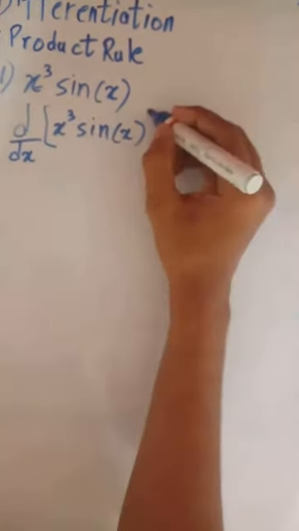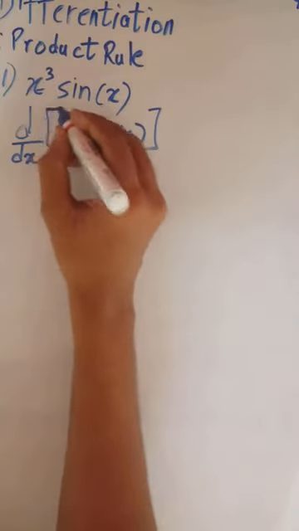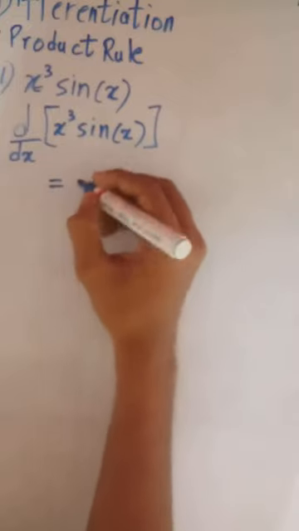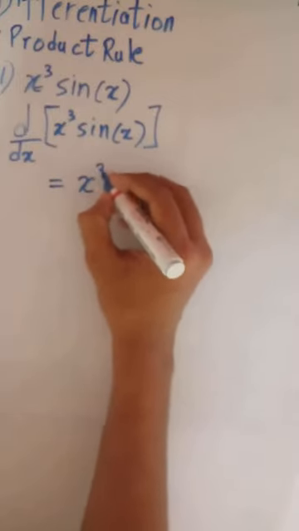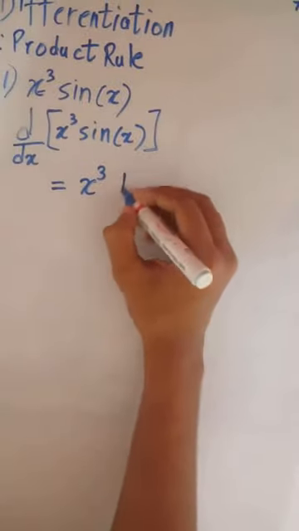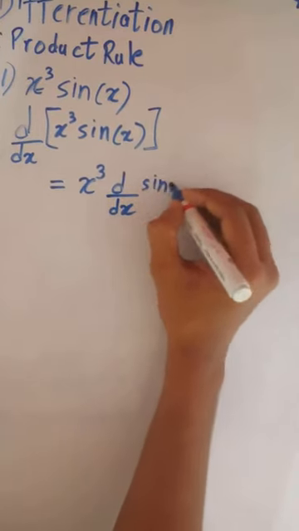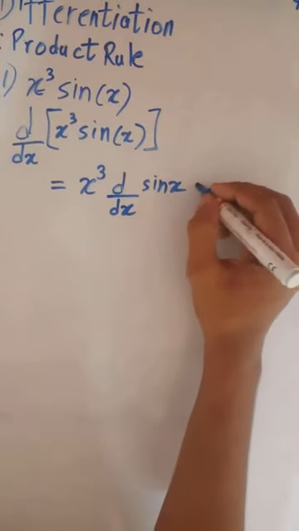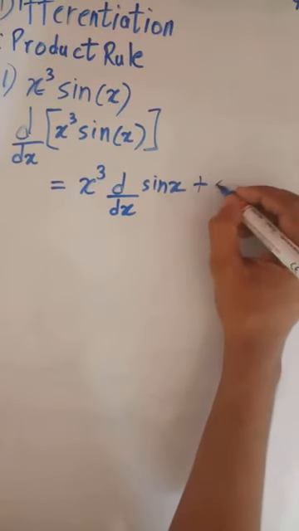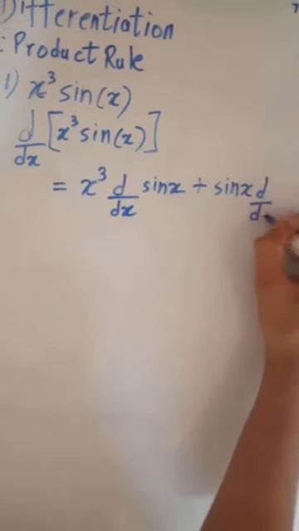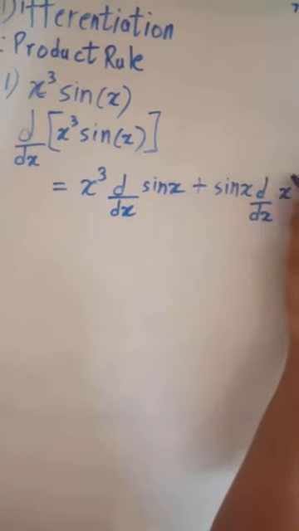And so, as we have seen, the derivative of the product of these two functions will be equal to the first function multiplied by the derivative of the second function, plus the second function, which is sine of x, multiplied by the derivative of the first function.